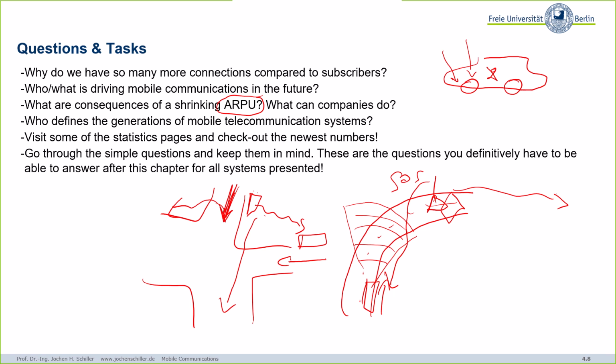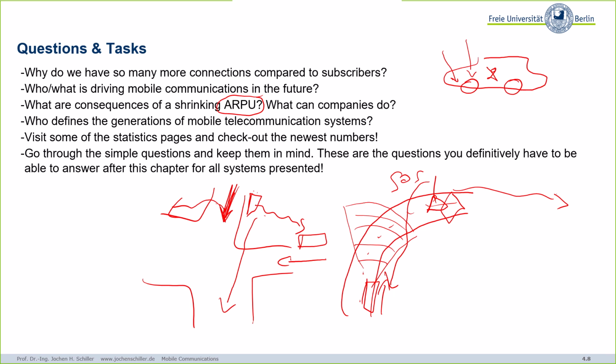Again, no clear answer, as always. So who says now, this is the next generation? Yes, that's roughly, we have a new one every 10 years. So that's a good answer, but that's not really the way the generations have been defined.